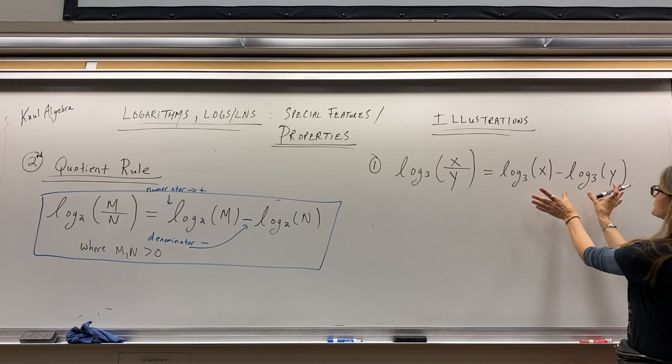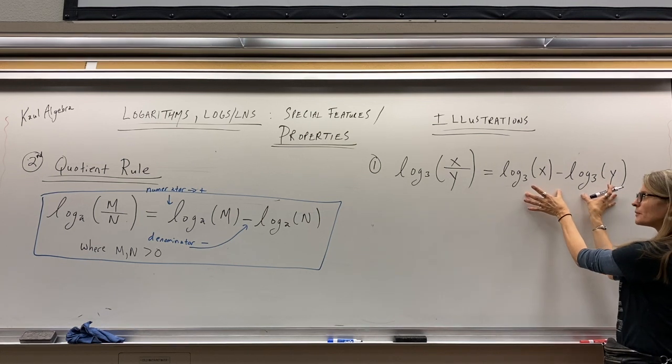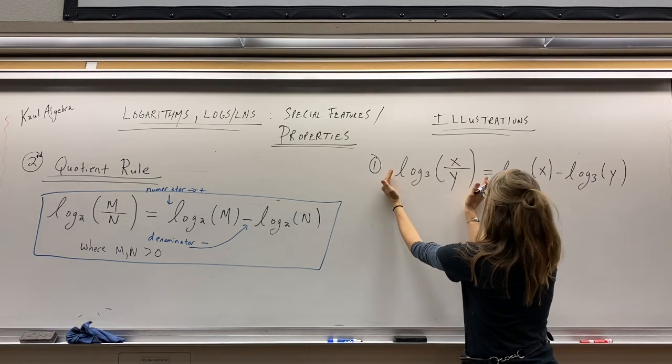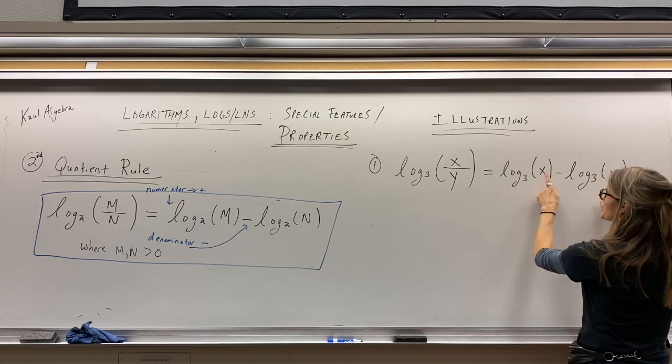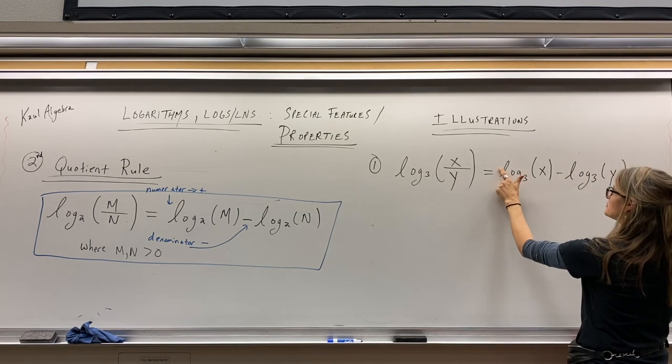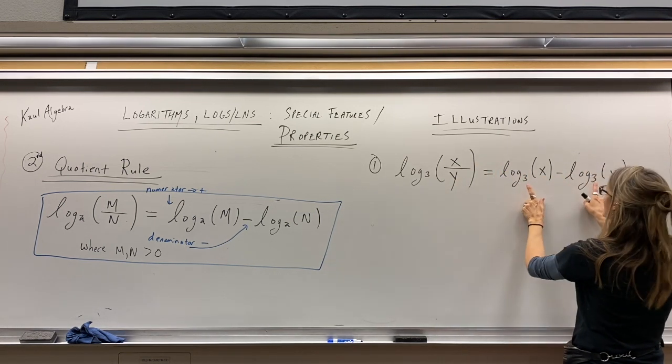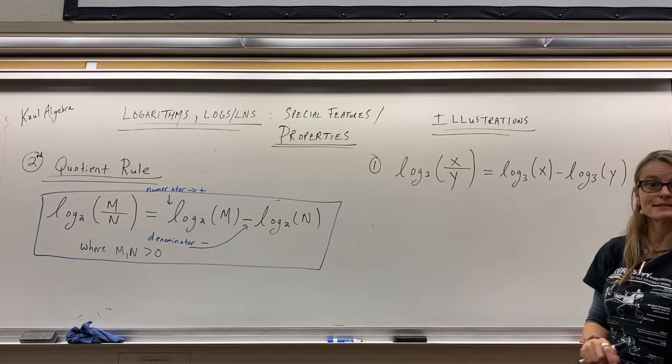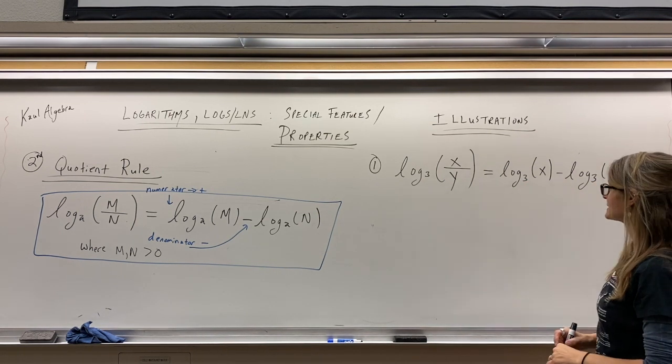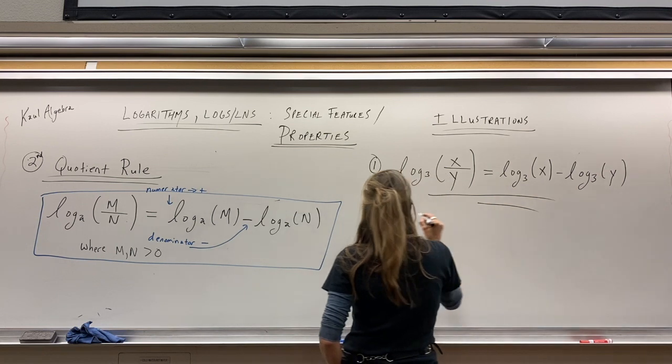Or, in other words, if I had 2 separate logs and I wanted to write them as a single log, I would recognize this has a negative, it goes in the denominator, this is a positive, this goes in the numerator, as long as these bases are the same. Really important idea. Okay, so there's one example.